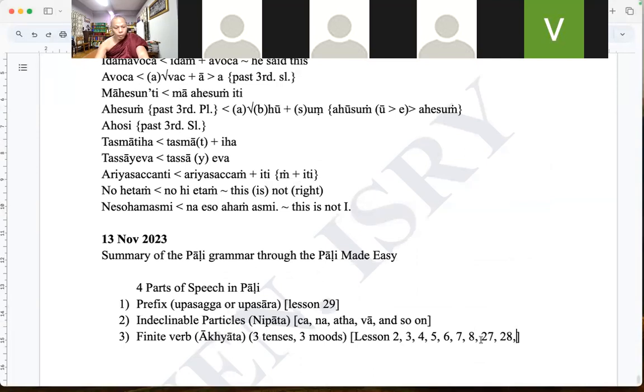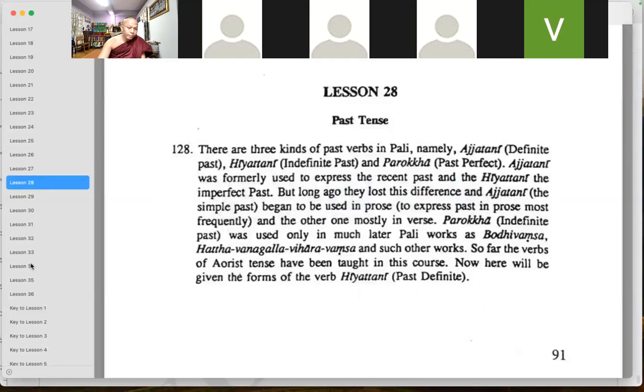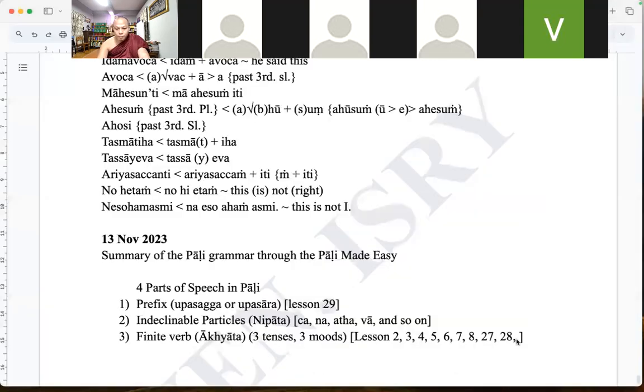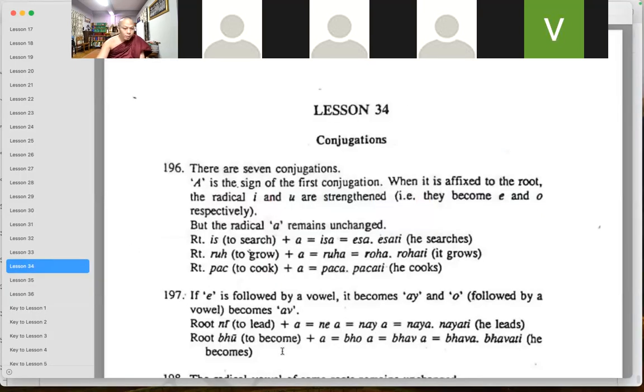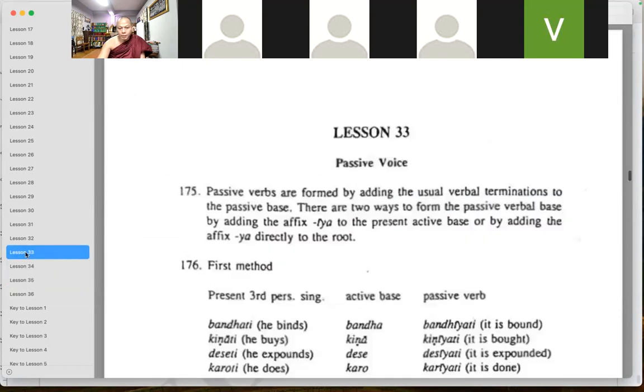Okay. And also related to that final verb, we have learned the complete verb terminations. Those complete verb terminations are also maybe in lesson 34, so conjugation as a sign. And then maybe lesson 35, or no. So lesson 33, passive verb.